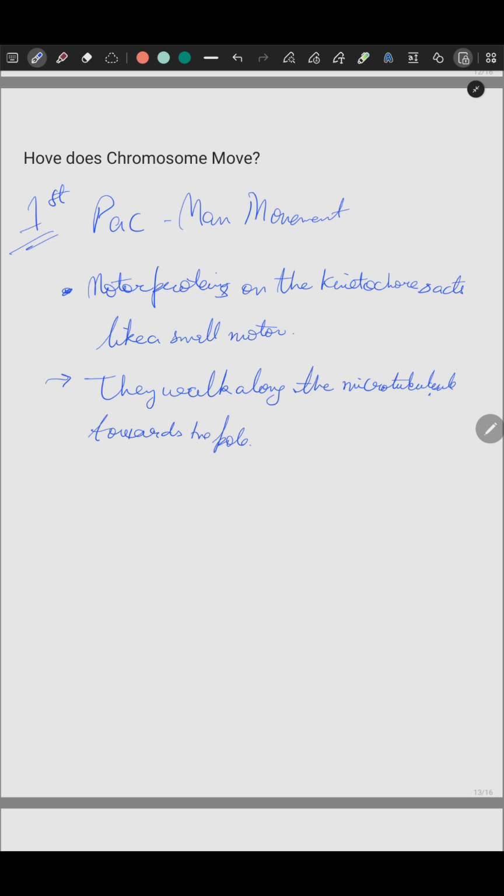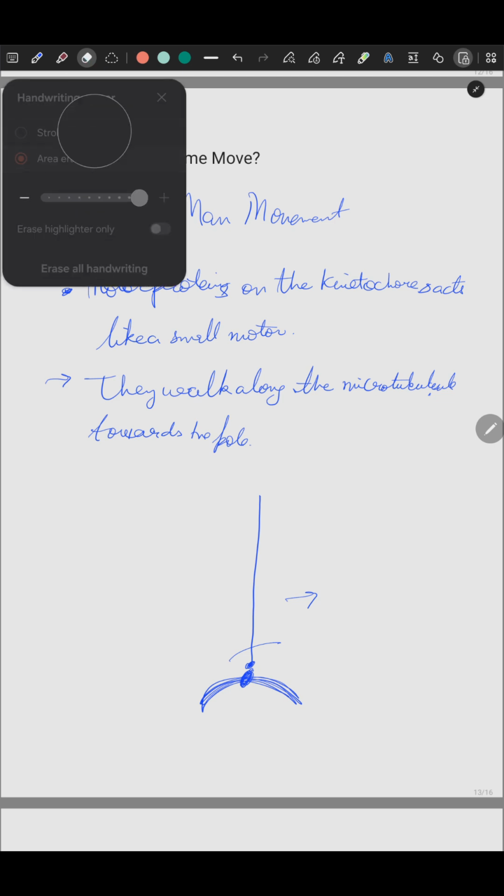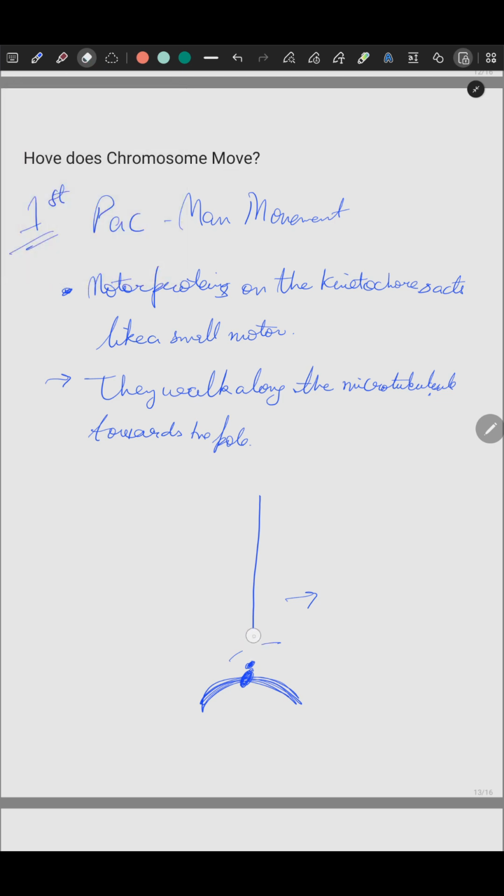For example, we can see this is a chromatid here, we can say a new chromosome. You can say this is a microtubule which is attached to the kinetochore here. Slowly, they are eating it, and this comes closer. Now understand, this is a pole.